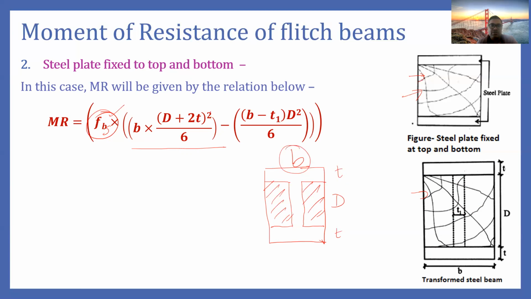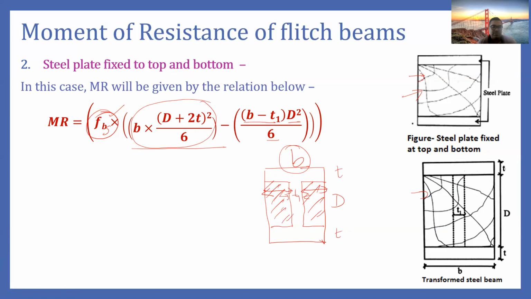So B into D plus 2T square by 6. This is the section modulus of the whole rectangle minus section modulus of the hatched part. This value is T1. So this becomes B minus T1 into D square divided by 6. So this is how we calculate the moment of resistance using this formula.